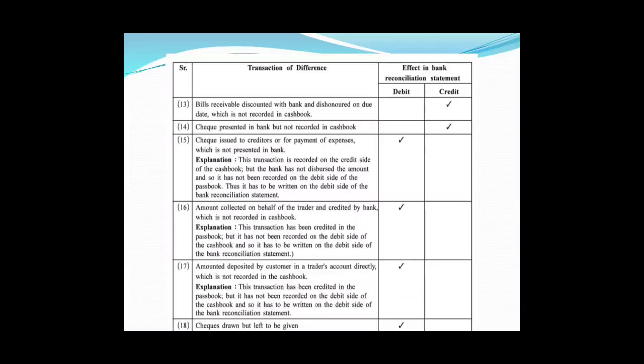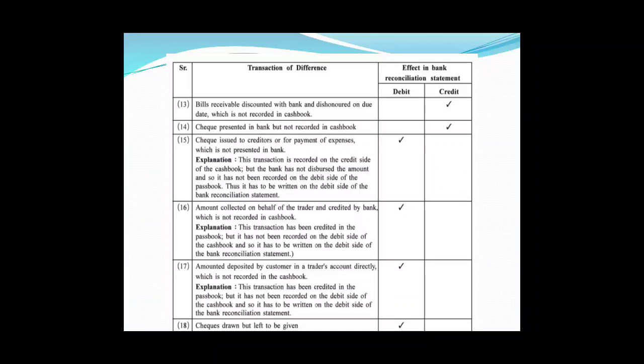But the same check is not presented for payment, that means the bank will not be debiting the amount. The bank cannot debit the amount unless the check comes to it, right? So we have credited in the cash book, the same is supposed to be debited in the passbook, but it has not been done yet, so we will be debiting this in our bank reconciliation statement.